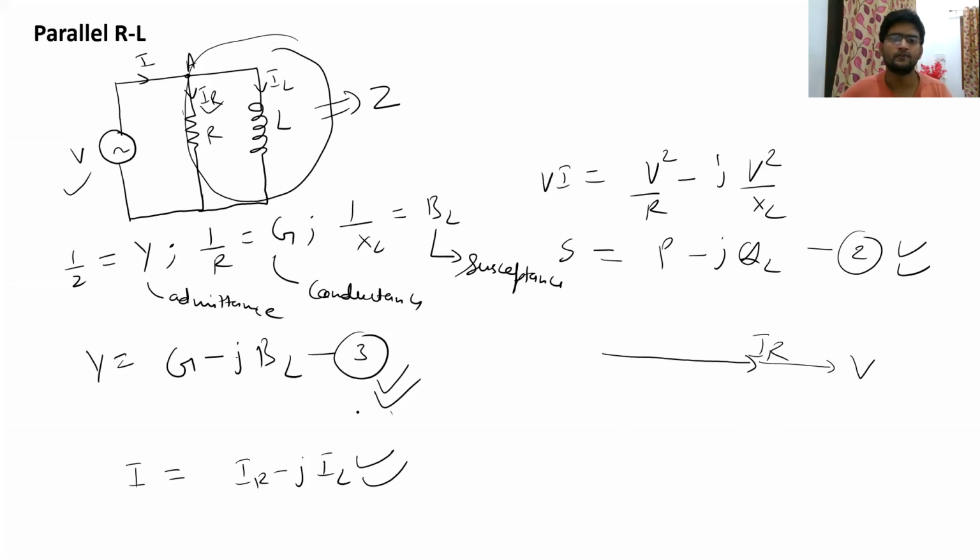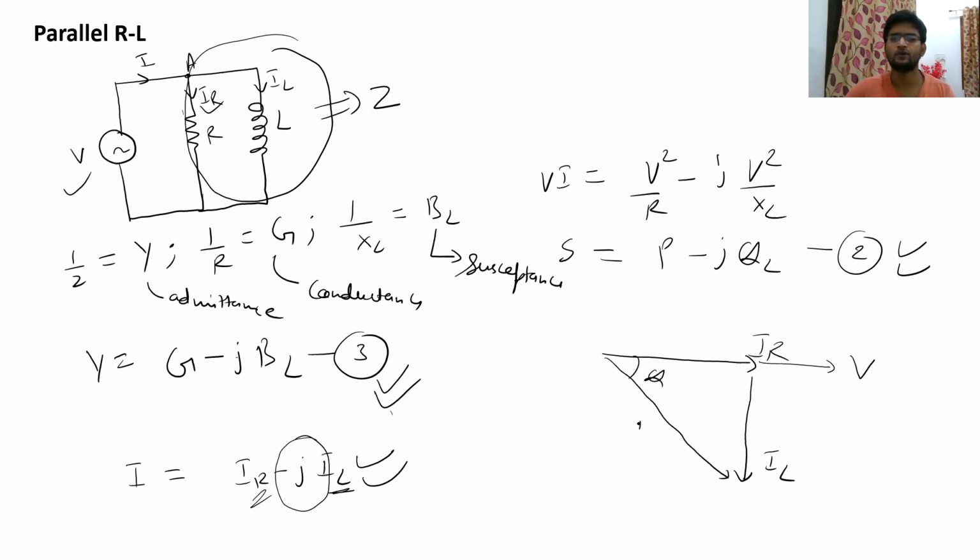Now you can see that this IL current has a minus 90-degree phase with respect to IR. So IL will be in this direction. And what will be the phasor summation of these two currents, IL and IR?